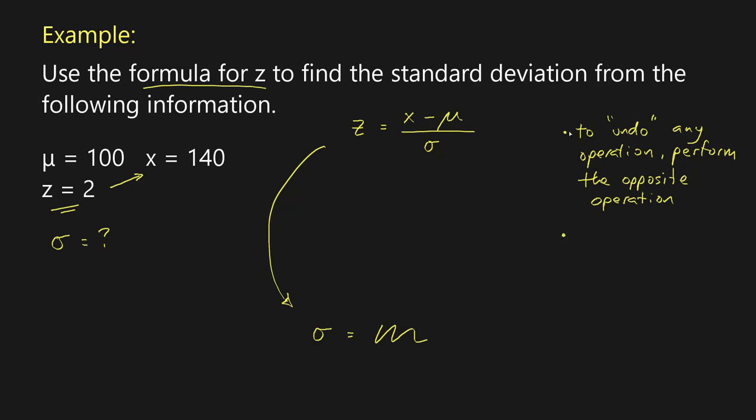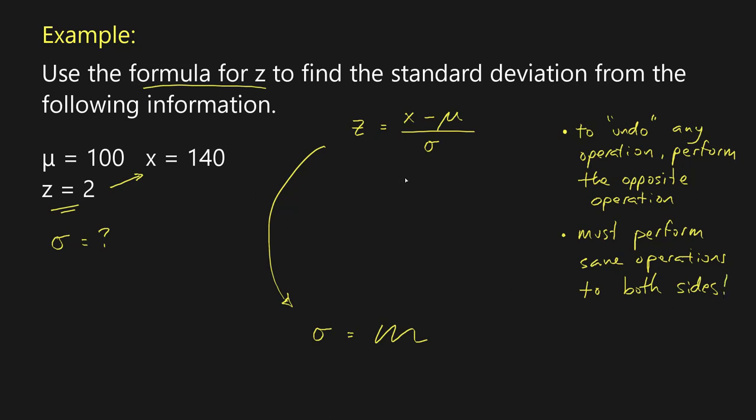The trick though is you can't just follow this one rule, you have to follow a second rule as well. You must perform the same operations to both sides of the equation.